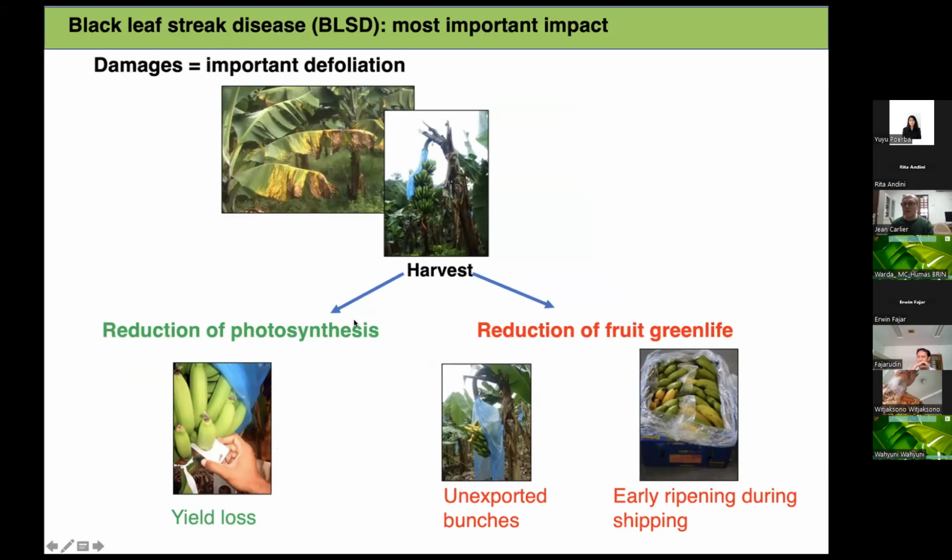But also, because to be exported the fruits are harvested green and they are matured in the country where they are exported, the defoliation also causes a reduction of green life, and then an early ripening of the fruit, either directly in the field or during the shipping. So this fruit can't be sold, and it's lost.